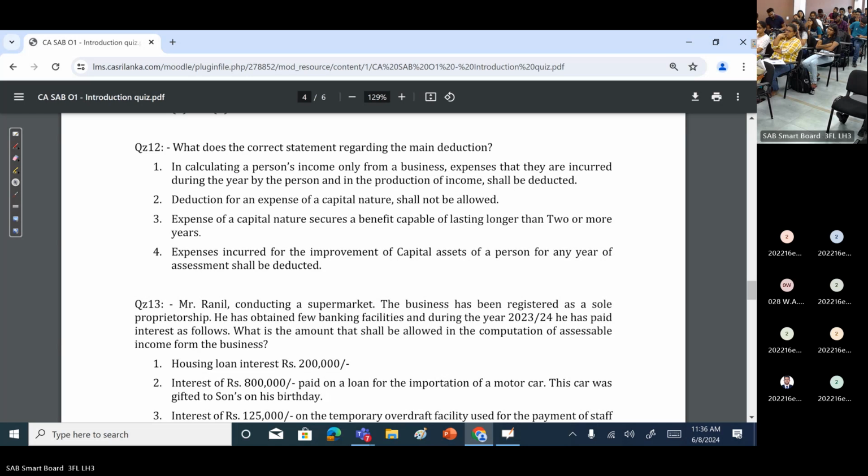That is correct. Expenses of a capital nature secure a benefit capable of lasting longer than 2 or more years. Yes, that is also correct. Expenses incurred for the improvement of capital assets shall be deducted. Improvement? No, it's limited, right? So this is correct.